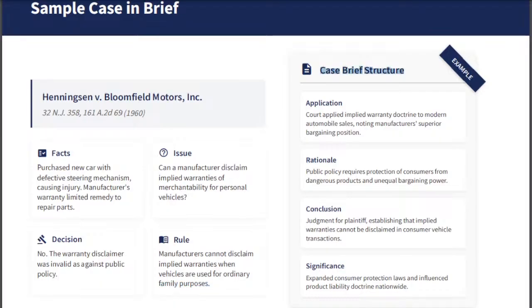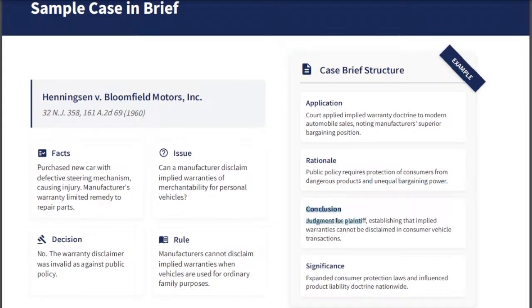Case brief structure. Application. The court applied implied warranty doctrine to modern automobile sales, noting manufacturer's superior bargaining position. Where else are you going to go? Rationale. Public policy requires protection of consumers from dangerous products and unequal bargaining power.